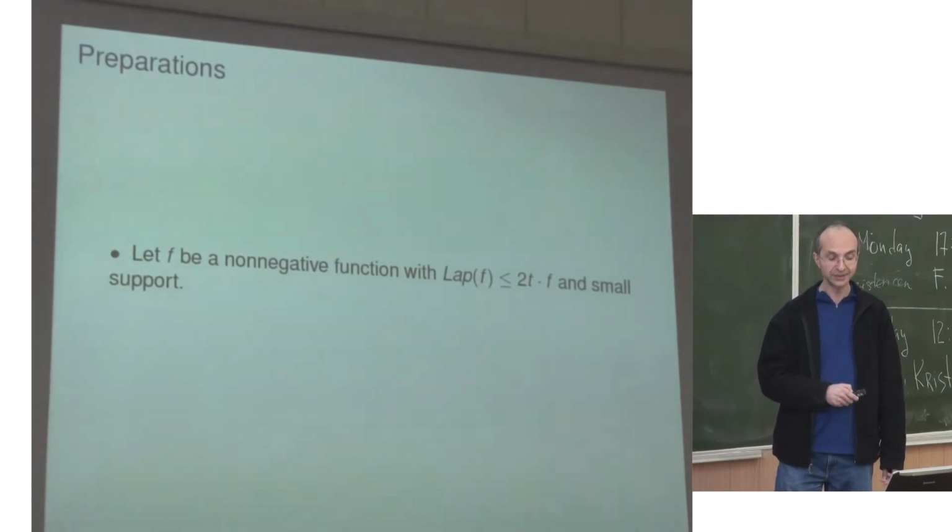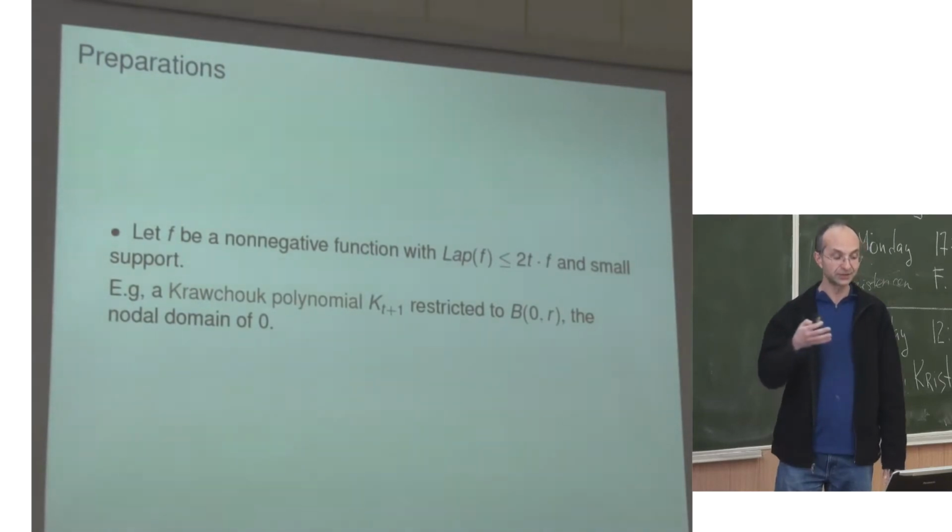We want to find, this is a crucial object we need, a non-negative function such that when we apply this Laplacian operator to it, the function pointwise decreases by a small number, at most by 2. And we want it to have a small support, otherwise it's easy. Again we can use this Courant-type nodal domain theorem function. We take a perturbed polynomial, which is a symmetric eigenfunction associated with the next eigenvalue, lambda t plus 1.